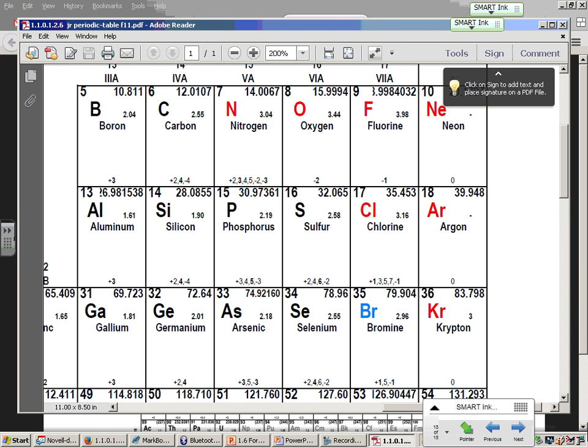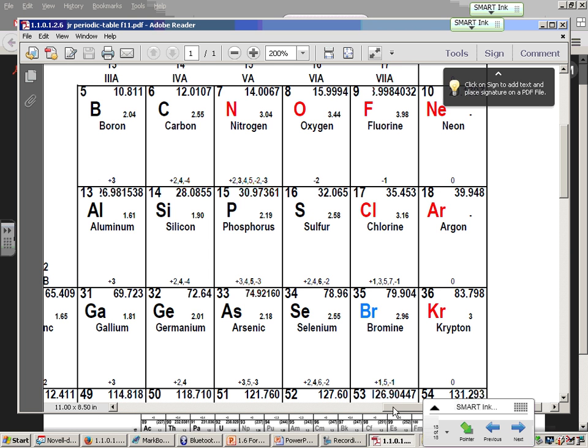Oxygen, -2, that's all it can do. Sulfur, it's more complicated. It can bond all kinds of different ways. But notice it also has -2. They're always at the end, -2, -2, -1, -1, -1, okay? And look at 0, 0, 0 for those guys. So you can find all of those charges on the table.